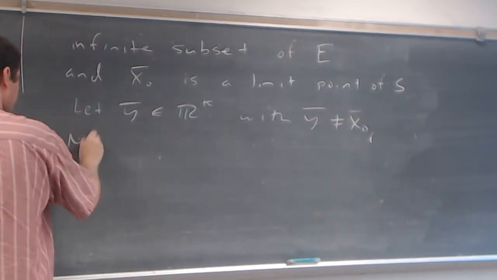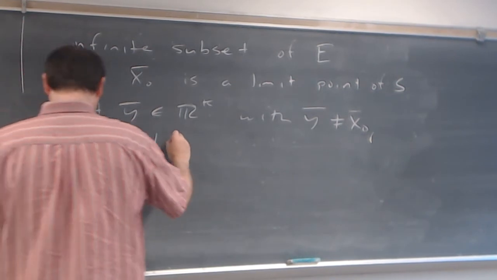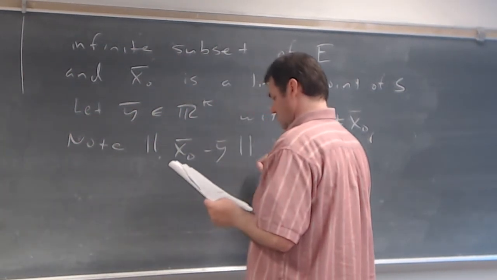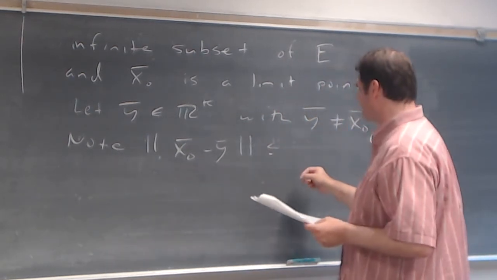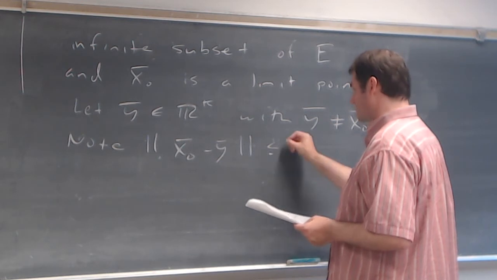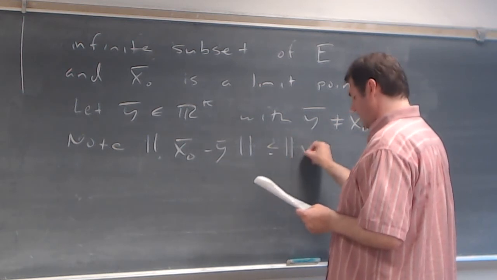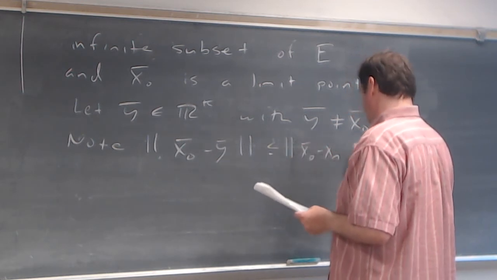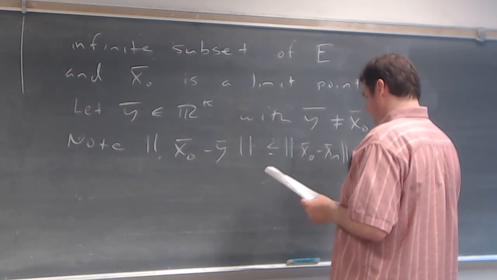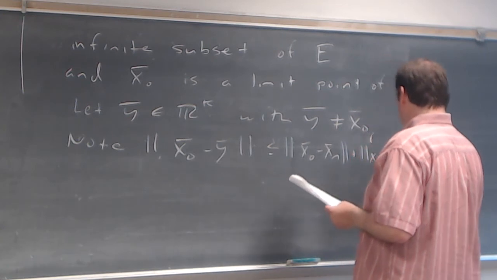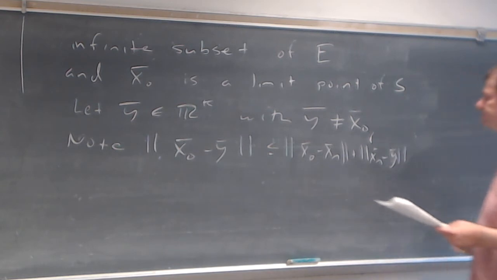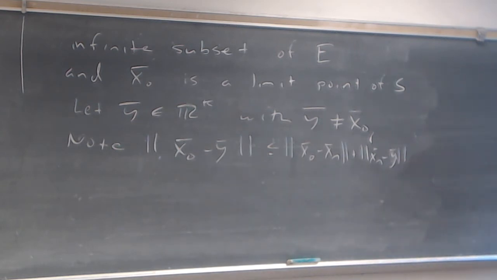Now, note that the distance between x sub naught and y is less than, by a property of the metric, the distance between x sub naught and an x sub n, part of the sequence, plus x sub n's distance from y. That's what we have.